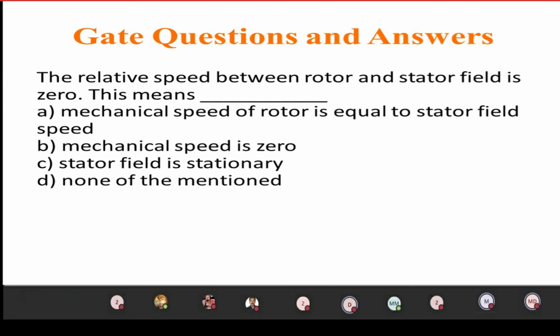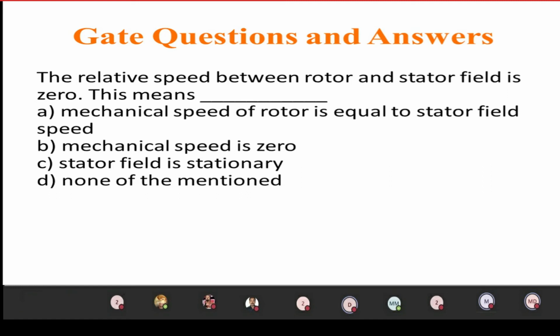Here we are seeing the synchronous machine concept. The rotor field does not remain stationary, so let me leave C. Then mechanical speed is 0: once the stator speed is maximum, mechanical speed being 0 is controversial, so let me leave B. Then mechanical speed of rotor is equal to the stator field speed.